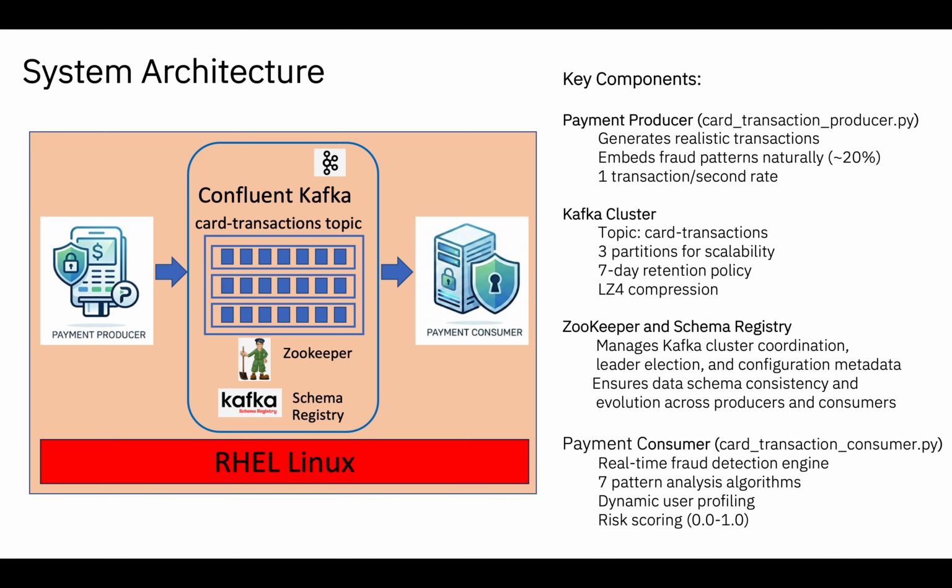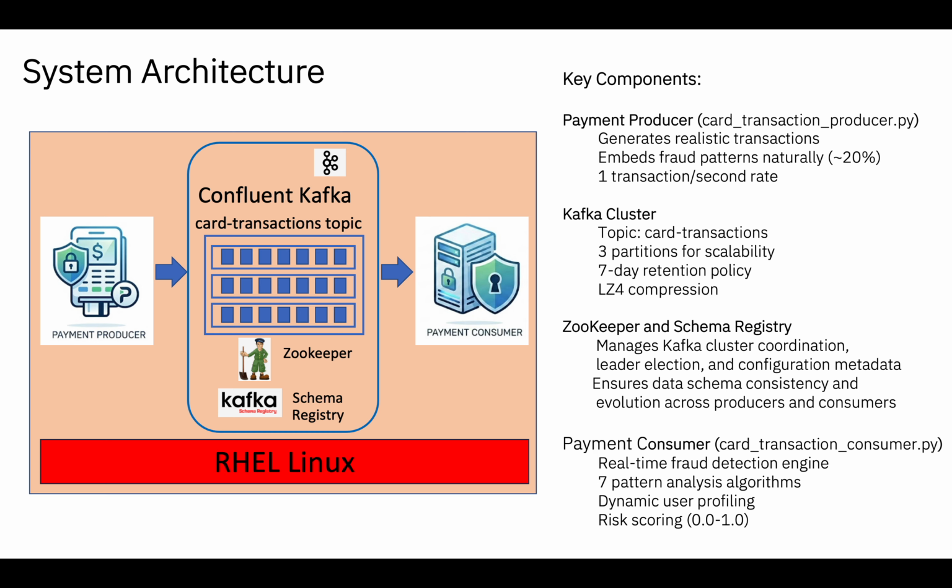Coming to the system architecture, we have built everything on top of Red Hat Enterprise Linux, version 9.x. Here we have a producer and a consumer for the payment. The producer basically generates these transactions, and it has some amount of fraud transaction generation as well.